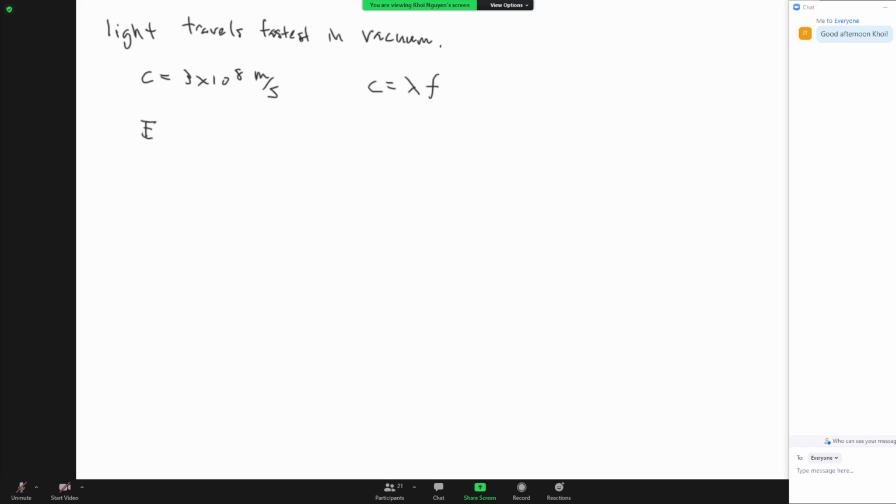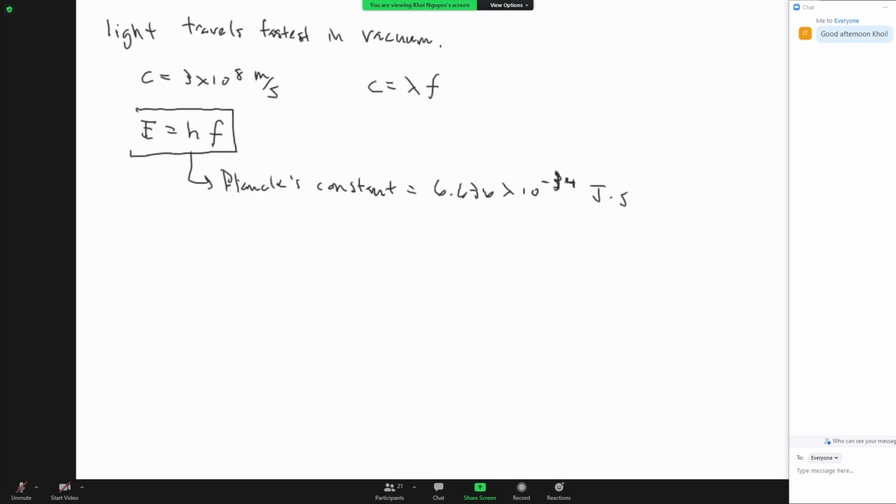And the energy associated is Planck's constant times frequency. H here is called Planck's constant. I may or may not have gone over it, and that's equal to 6.636 times 10 to the negative 34. The units are joules seconds. This is your H, Planck's constant. And you can clearly see that energy is directly related to frequency.